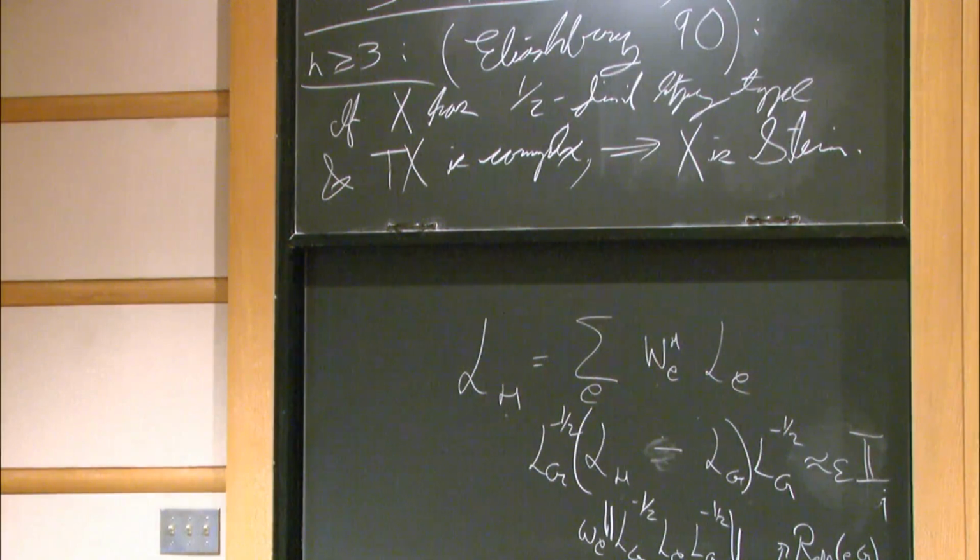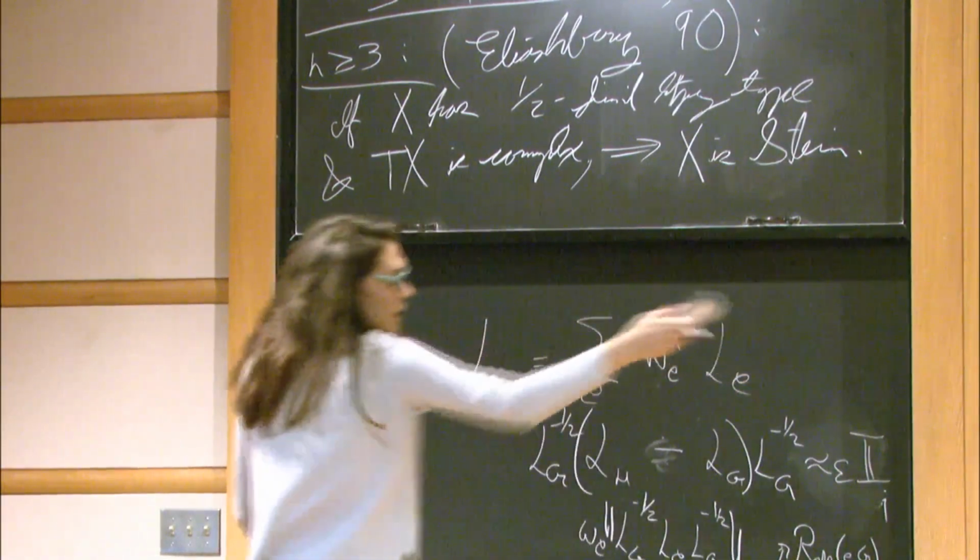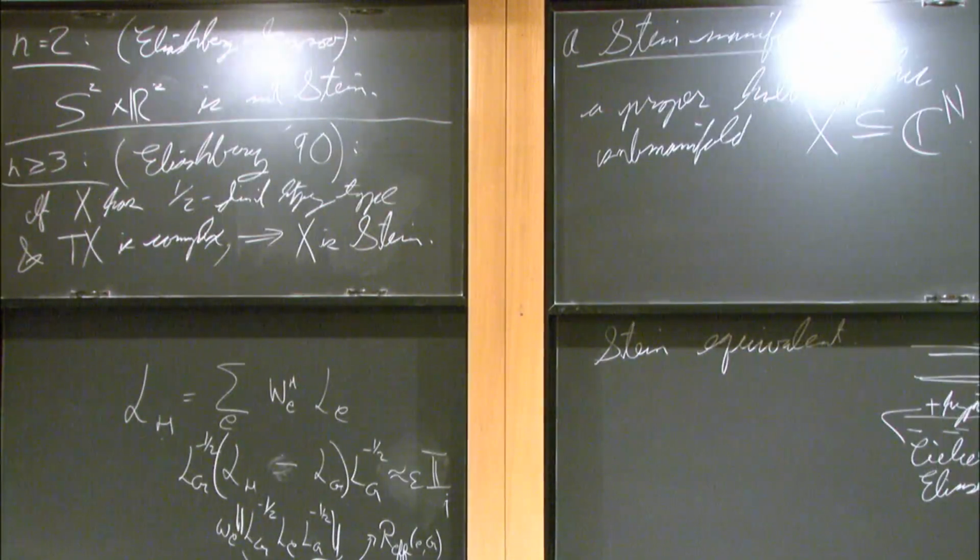So we see the converse to Lefschetz hyperplane in every dimension, except dimension 2.